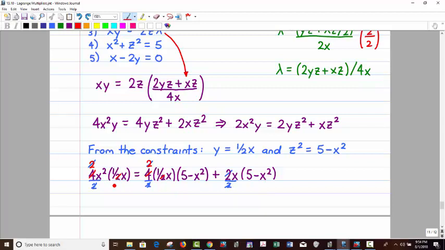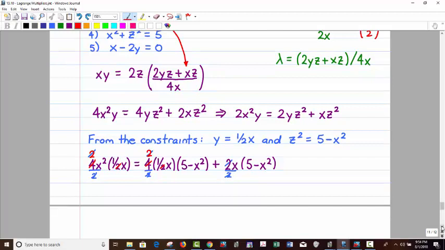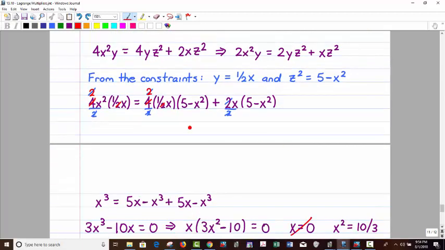Okay, looks like I canceled some 2's, and then divided by 2's. And I have to distribute on this side, obviously. So you distribute, you have a 5x. You're just left with x cubed on the left. 5x minus x cubed, 5x minus x cubed worked out to be 2 of the same thing.